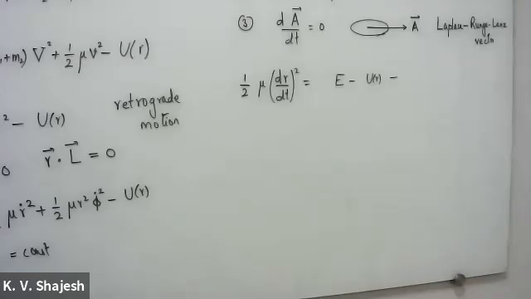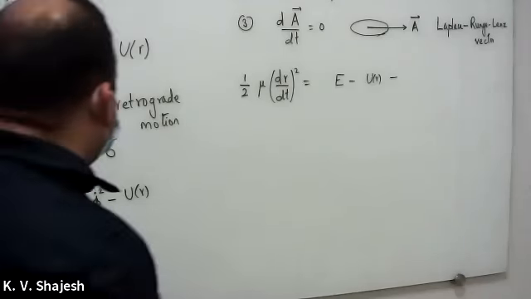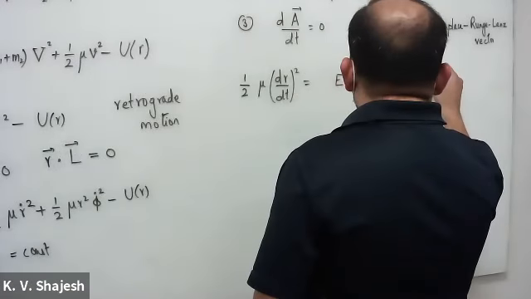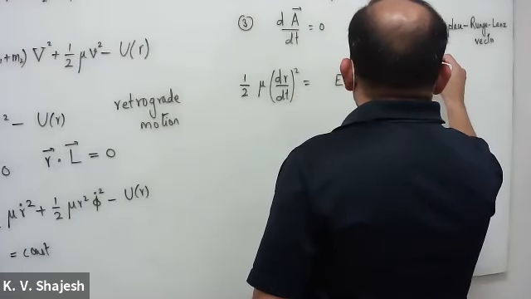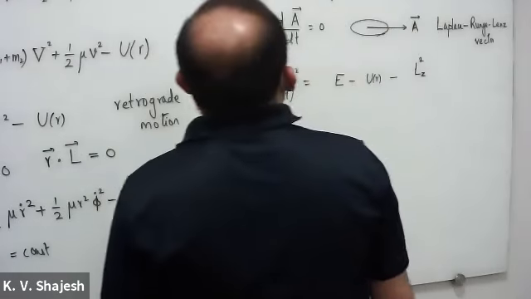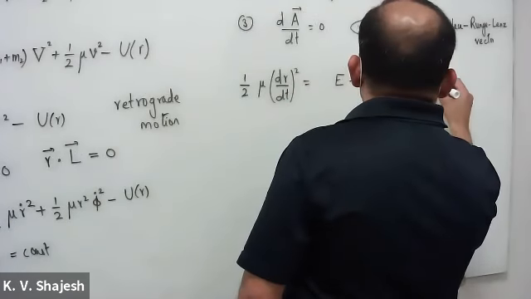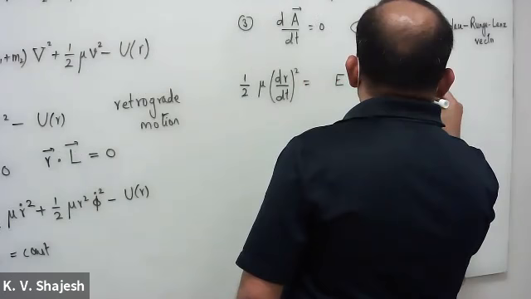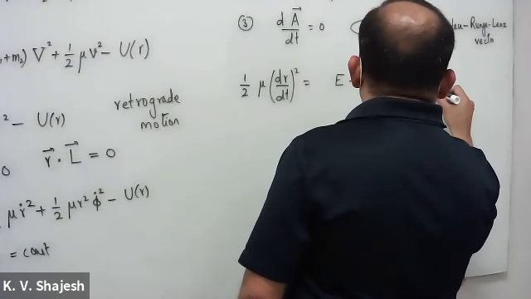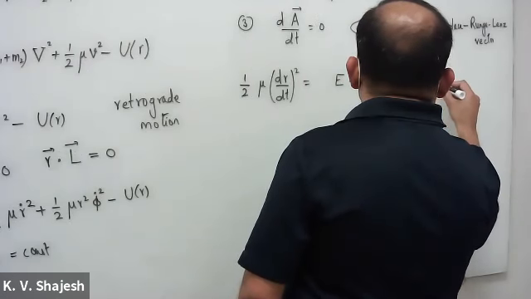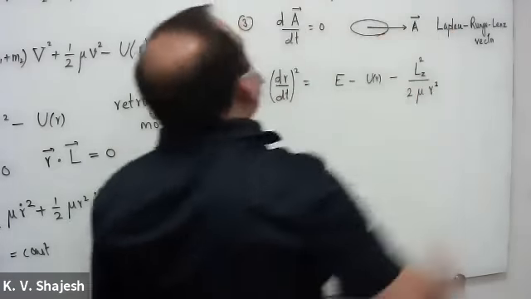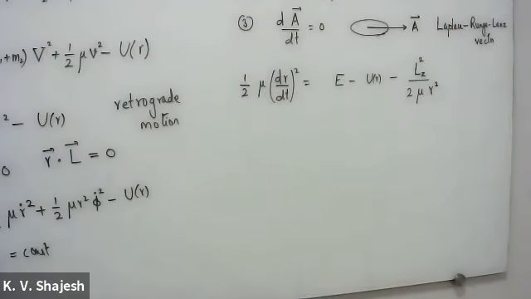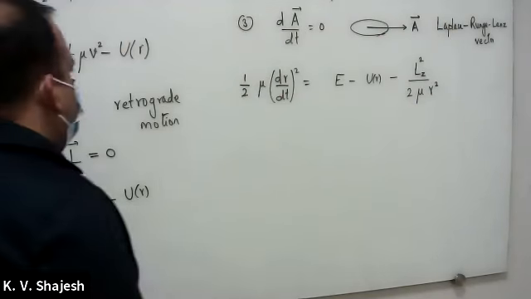So phi dot is L_z over mu R squared, but I have to square that. So I will have L_z squared, divided by a factor of 2 mu R squared, and the R squares cancel.